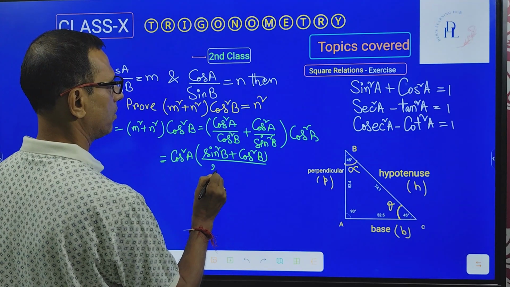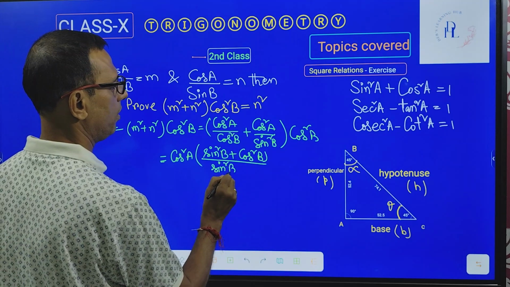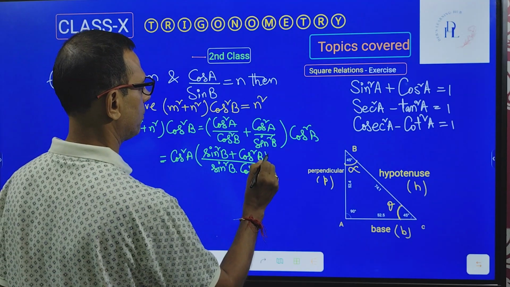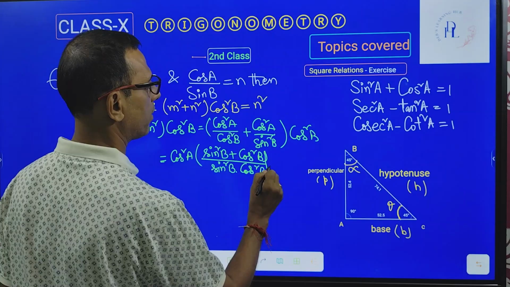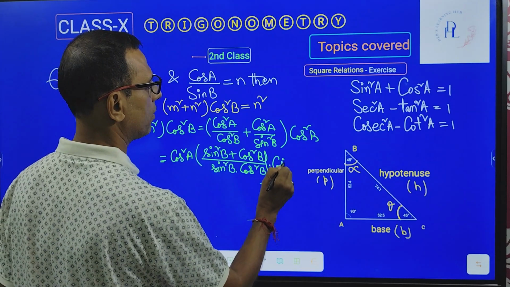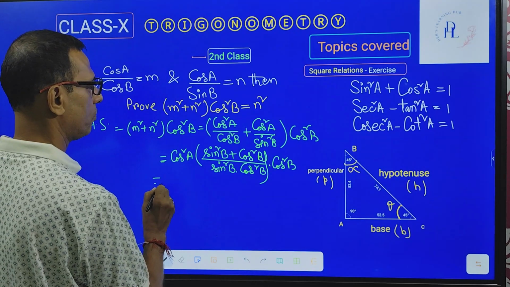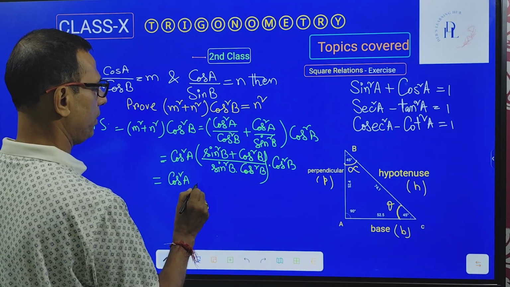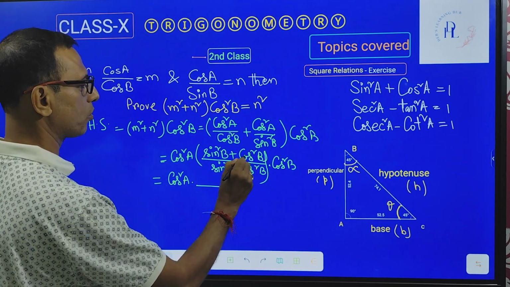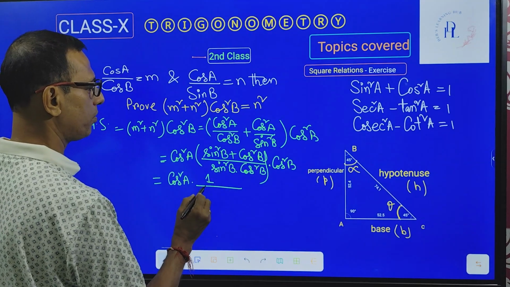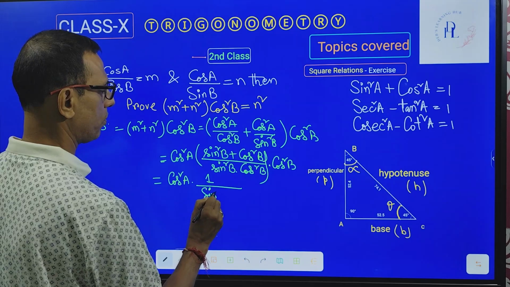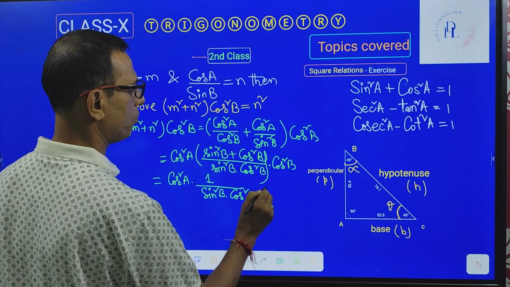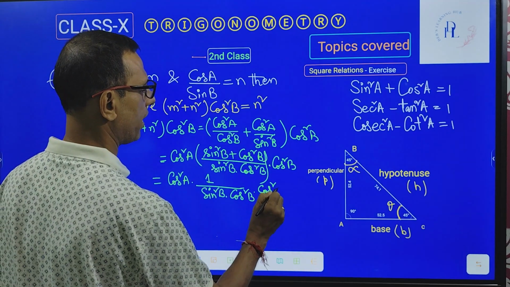by sin square b into cos square b, right? And outside the bracket it is cos square b. So what you can write down here? Cos square a, right? Within bracket it is sin square b plus cos square b, that is equals to 1, and sin square b into cos square b, into this outside the bracket cos square b.